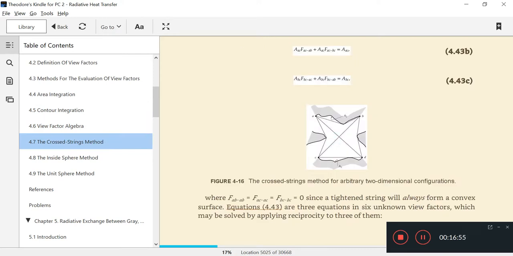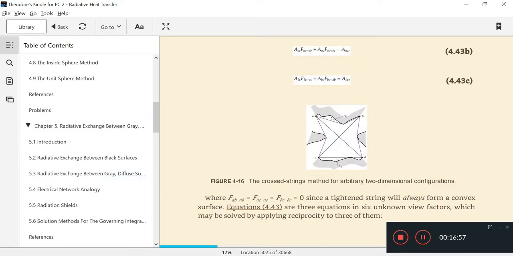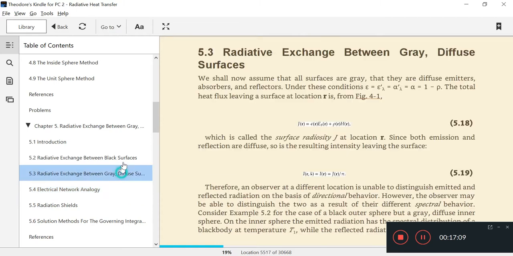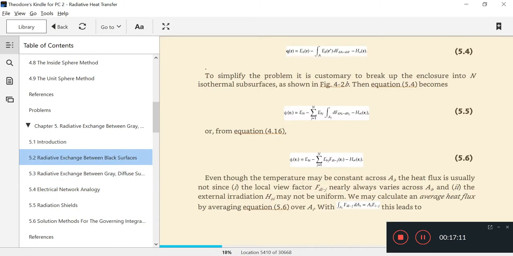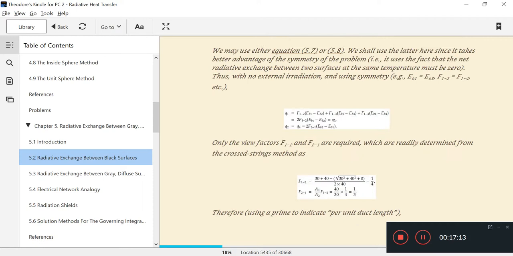Cross strings method. So you basically have to measure the diagonals and the sides, and that will help you determine the view factor for very long ducts, for 2D surfaces, in fact. So that's the cross strings method, but I'm not going to go through that.